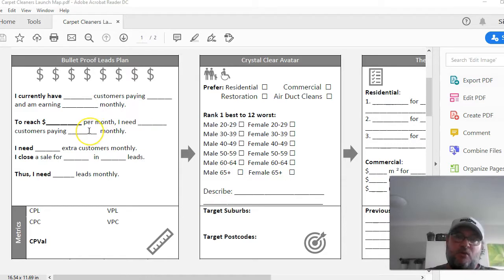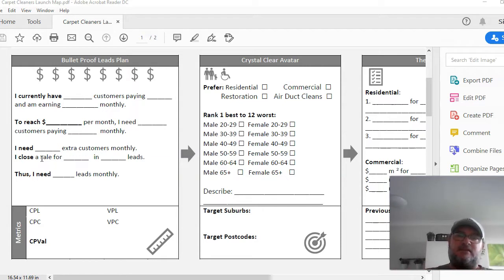And you need to work out what that target is and how you're going to achieve that, because then that's going to form the framework of how much we spend in our campaigns. So, for example, if you work out that you need 300 customers at $100 each, then that means you need 200 extra customers monthly. And then you need to work out, okay, for every 100 leads I get, how many do I turn into sales?